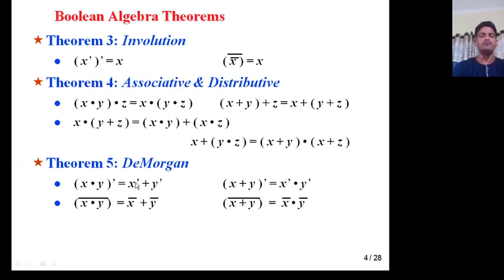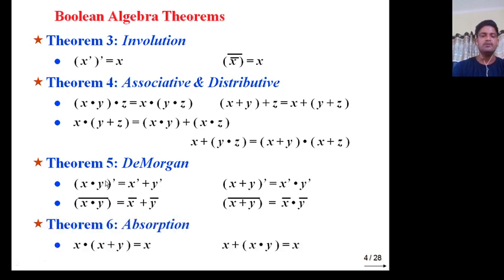Now the most important theorem, De Morgan's theorem. (x dot y) whole dash equal to x dash plus y dash, which means the complement of a product equals the sum of complements. Similarly, apply the dual of this: (x plus y) whole dash equal to x dash dot y dash, which means the complement of a sum equals the product of complements.